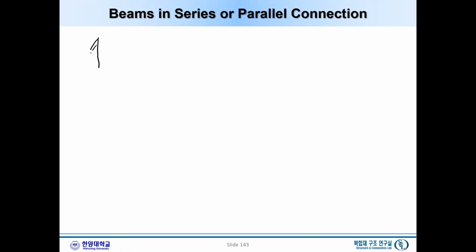You can say that we have two beams connected, but the left-hand side is clamped and the right-hand side is free. This is the length L1 and length L2, and this is E and I, I will just call E1 and I1, and this is E2, I2, and at the end, this beam is subject to the moment M.